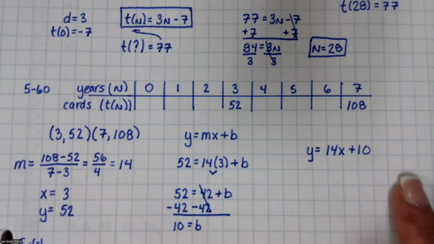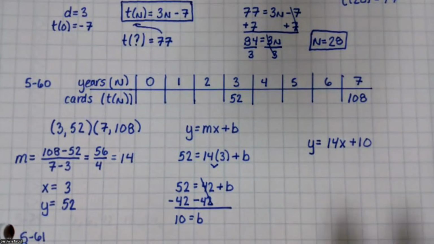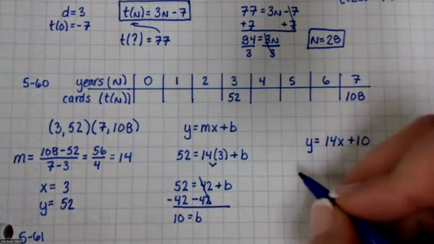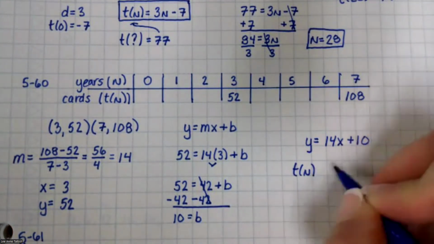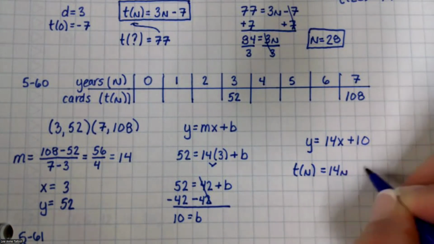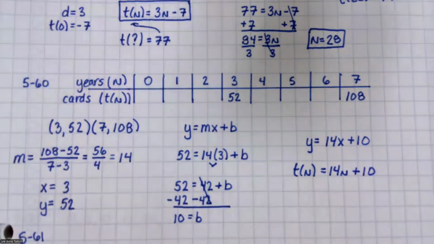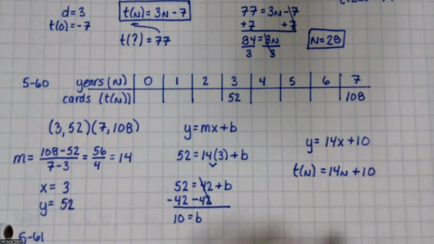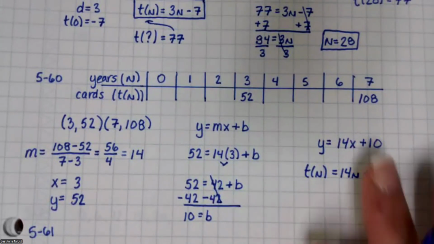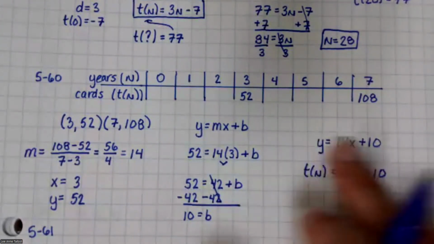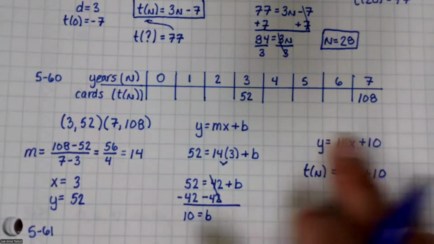Now we're in the sequences chapter, so we have to change this to be sequence notation. So t of n equals 14n plus 10. These two things are different, very similar, but different in meaning. This is a line where you draw the line through it.